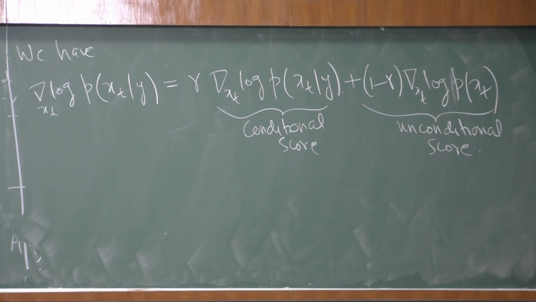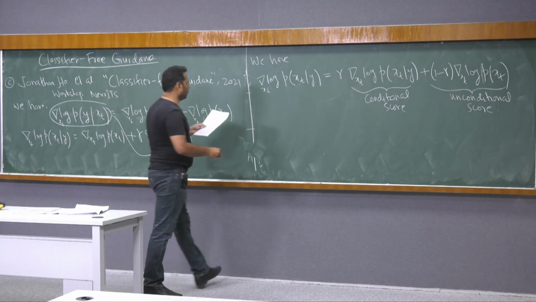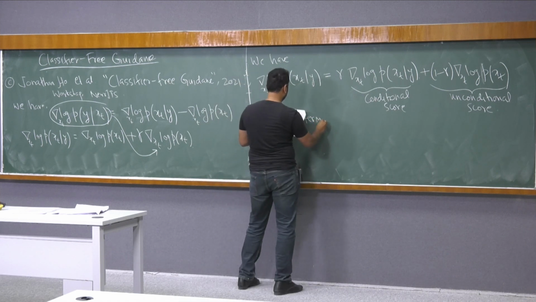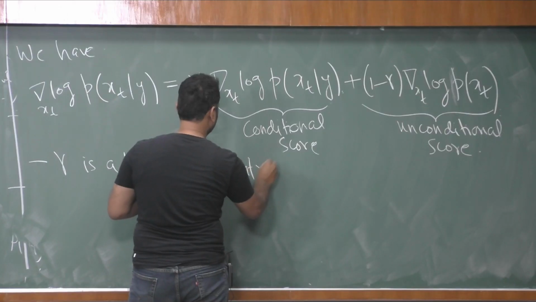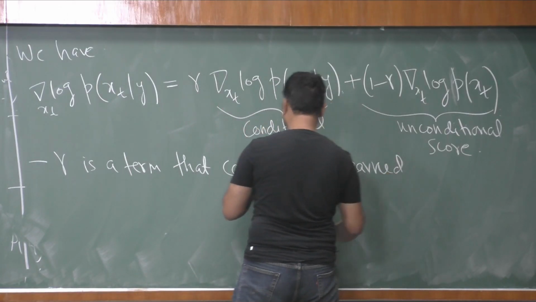And we have the second term, which is the usual one, with just the probability of xt. Once again, gamma is a term that controls our learned conditional model.